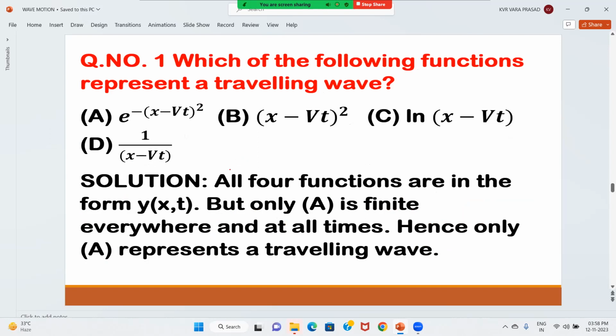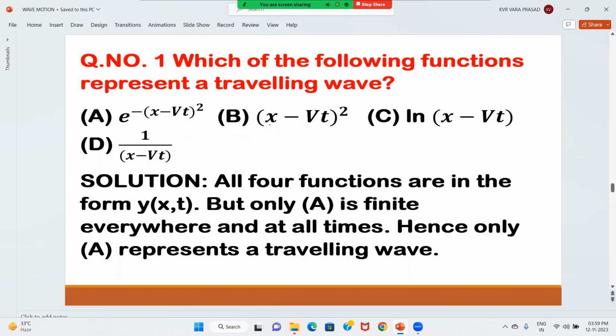Which of the following functions represent a traveling wave? So traveling wave means energy propagating continuously. Okay, we can see four functions given here. Now here we have to observe that all four functions are in the form of x and t, right? But observe which function is always finite, meaning for any value of x at any time. For example, see option B, x minus vt.